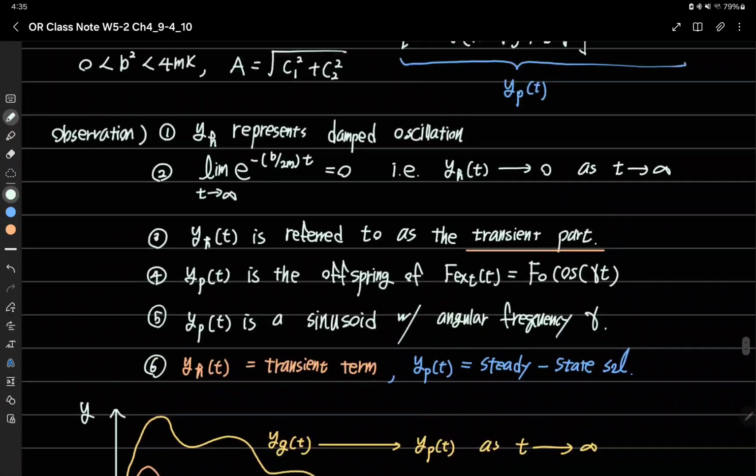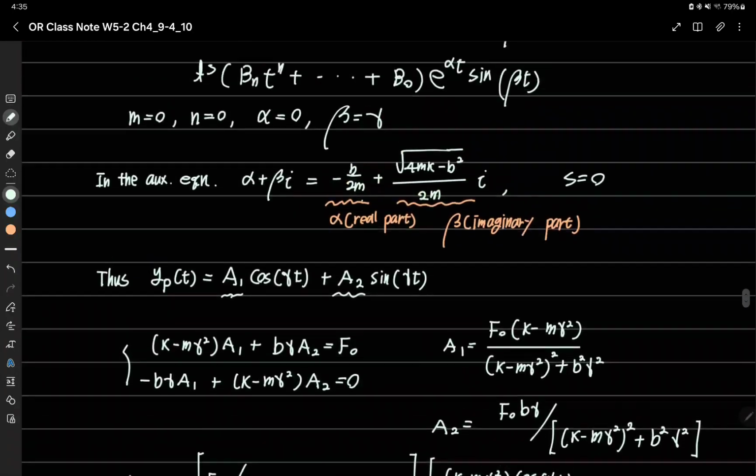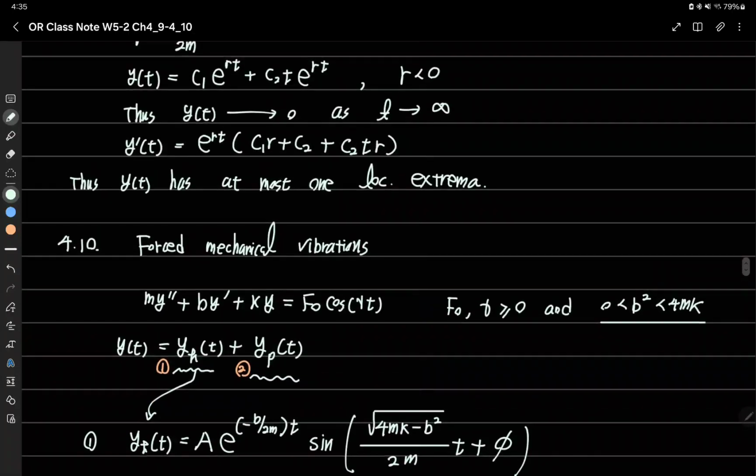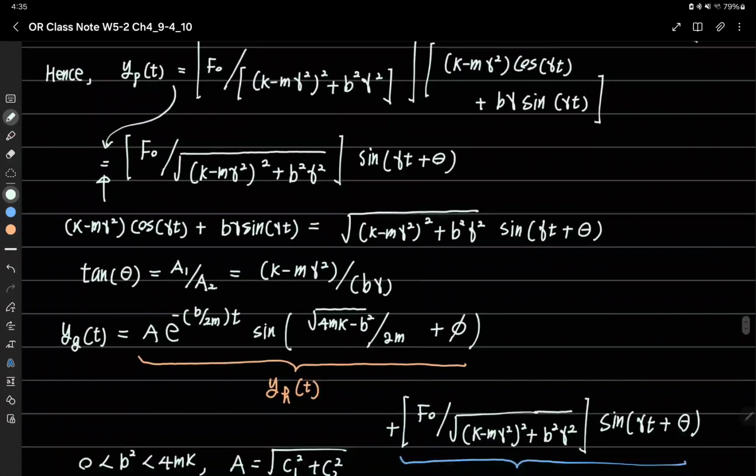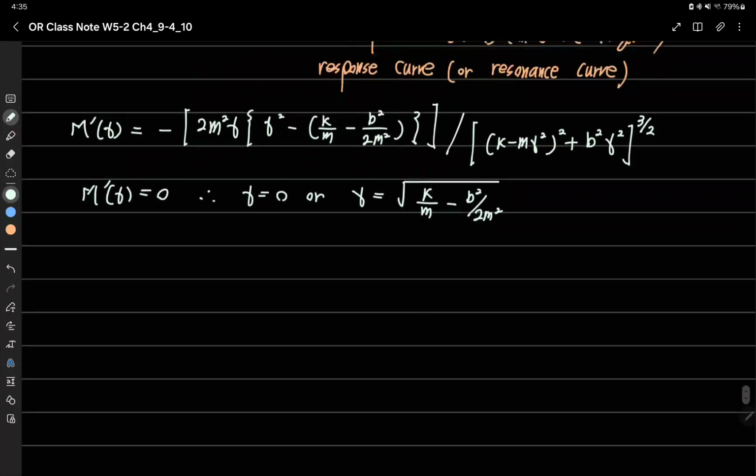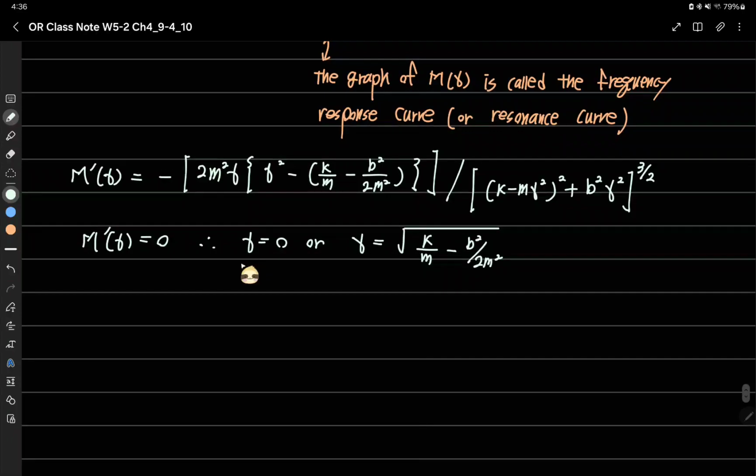Why? Because we assume that gamma is non-negative. Because of that assumption, we drop the negative sign. We are not interested in the trivial solution, zero. So let me denote this one gamma sub r.